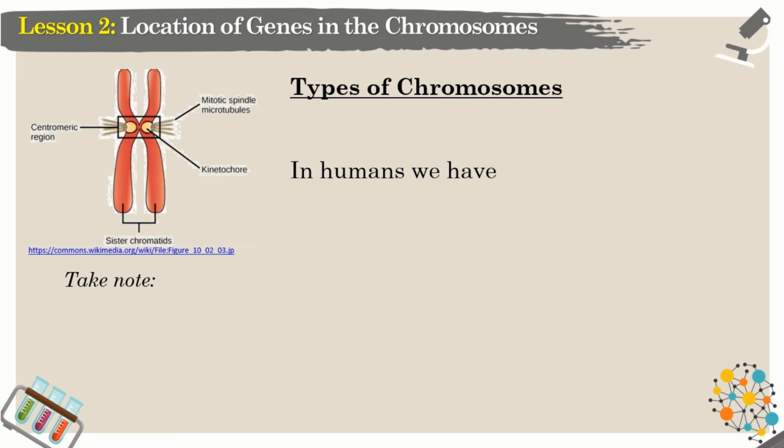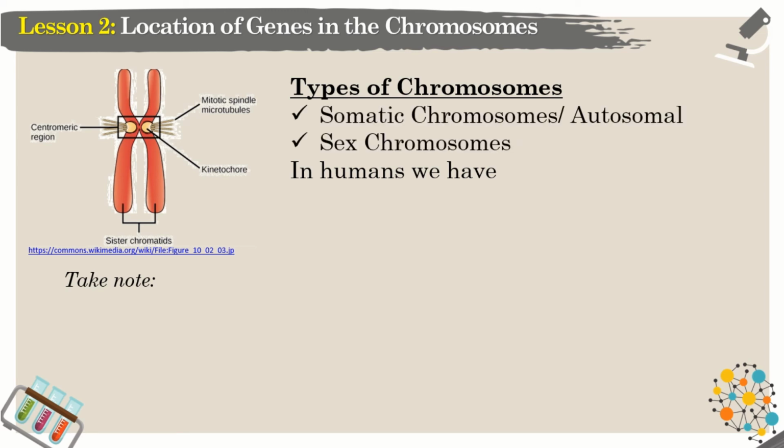So we have two types of chromosomes. These are known as the somatic and your sex chromosomes. I know you already discussed this one during your grade 8. So what are autosomals? When we talk about autosomals, these are the genes that carry the different codes passed on by your parents.